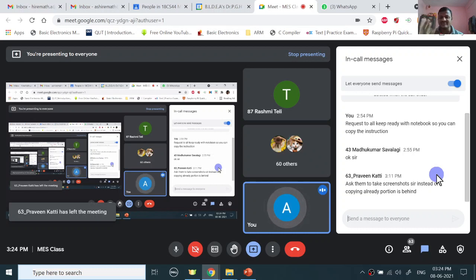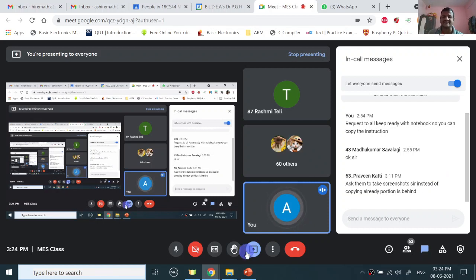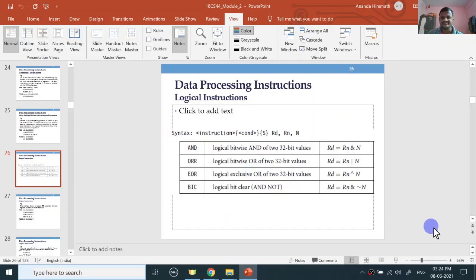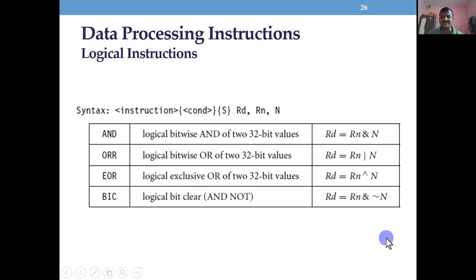During writing programs, you must need this list of all instructions. That's why I'm saying to copy these instructions. This is not a headache I have given to you. Just copy all these instructions, including the syntax, and these logical instructions.